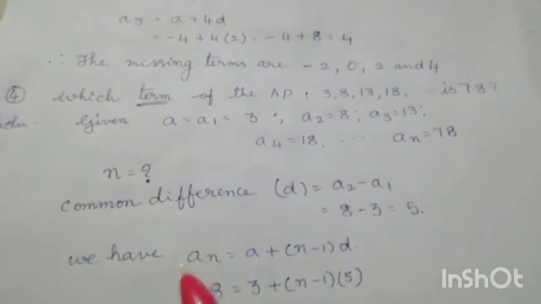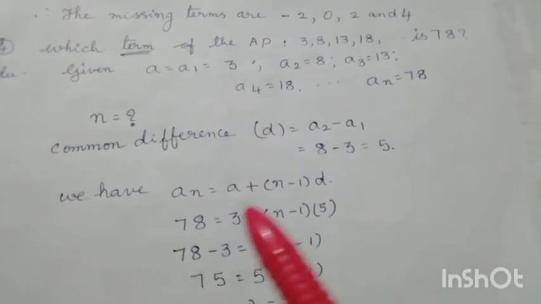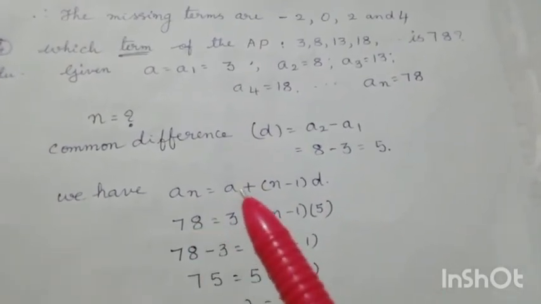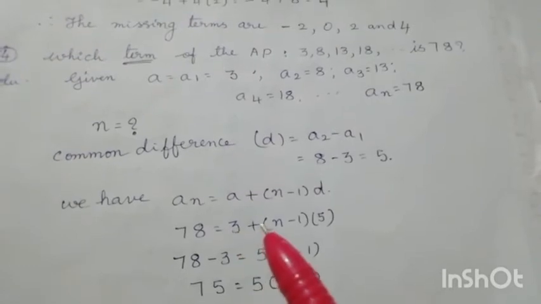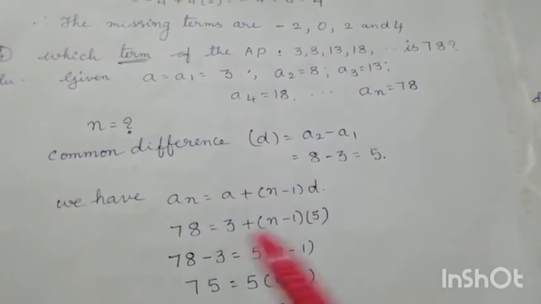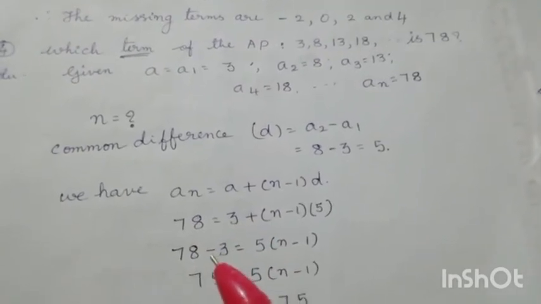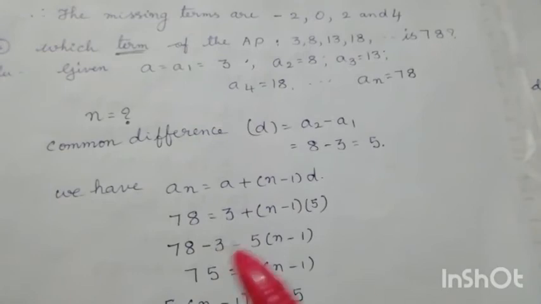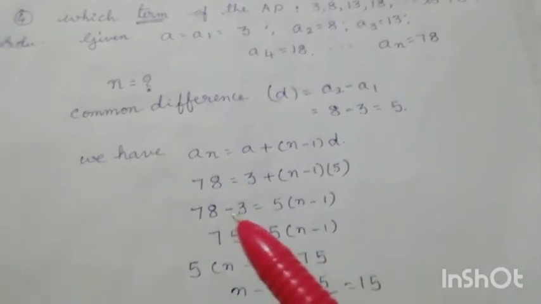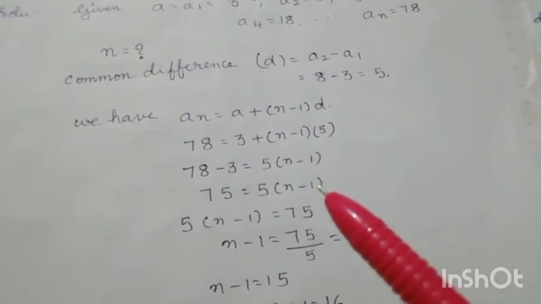So our nth term formula is an is equal to a plus n minus 1 into d. an is equal to 78, a is equal to 3, plus n minus 1 into d is 5. So 78, bring 3 this side, it becomes minus 3. 78 minus 3 is 75 is equal to 5 into n minus 1.